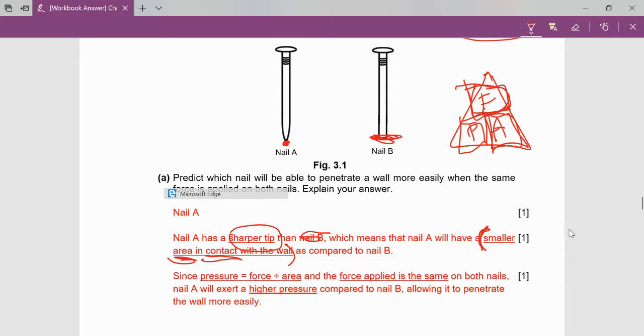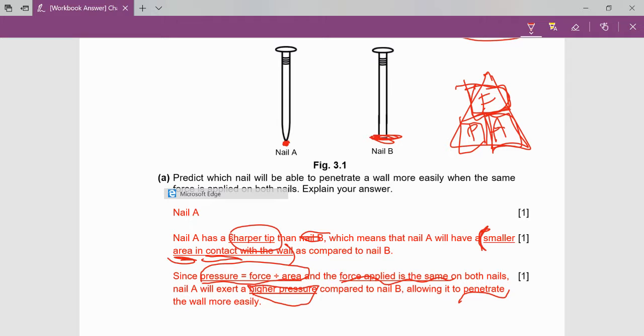Then now you can bring in the concept. Since pressure is the force over the area in contact with the wall, and the force is the same since they're the same mass, nail A will exert a higher pressure. This is how you explain, therefore allowing it to penetrate the wall more easily.